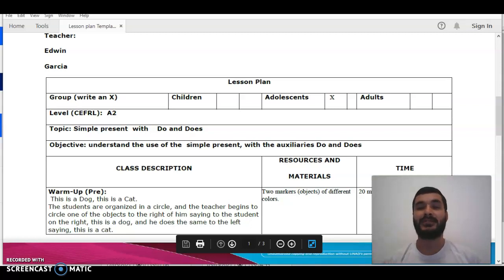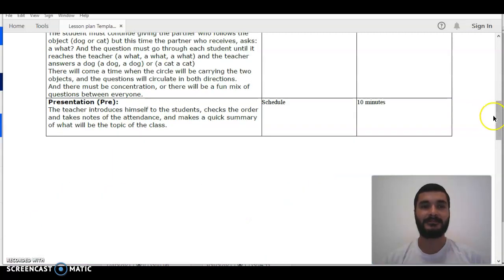So this is a dog to the right and this is a cat to the left. The funny part of this game is that the students must continue giving the partner the object, the dog or the cat, dog to the right, cat to the left.